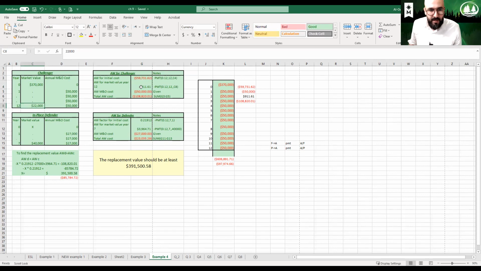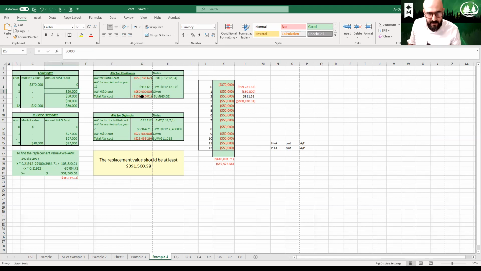That would be the market value after 12 years. Find the annual equivalent for that using the PMT function, 12%, 12 years, nothing for the PV, and the future value should be 22,000. And the annual maintenance and operational cost, that's 50,000, which is given to us.